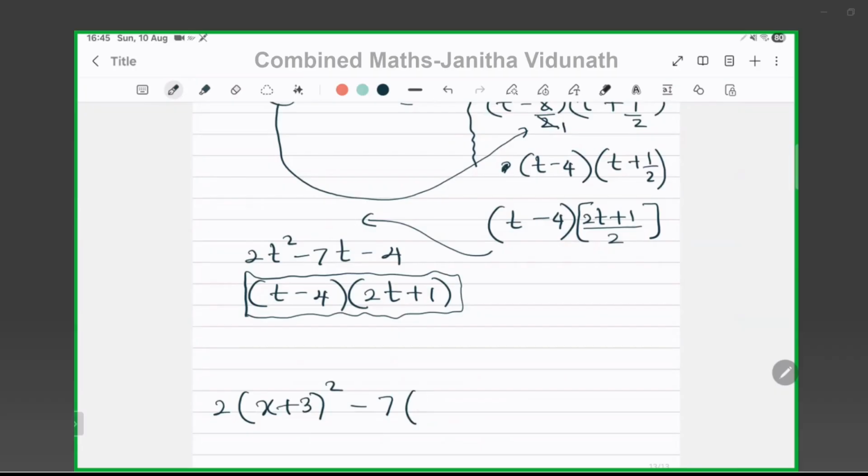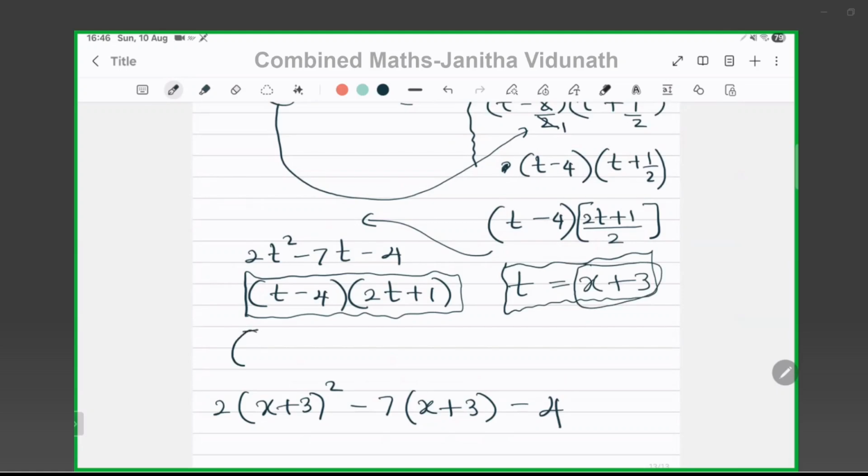To simplify this, we introduced the new variable t. Now they expect the final answer in x, so we have to change our t variable to x. Here we take t as x plus 3, then we substitute the t variable as x plus 3.